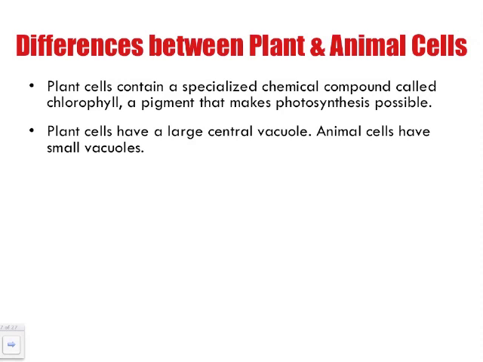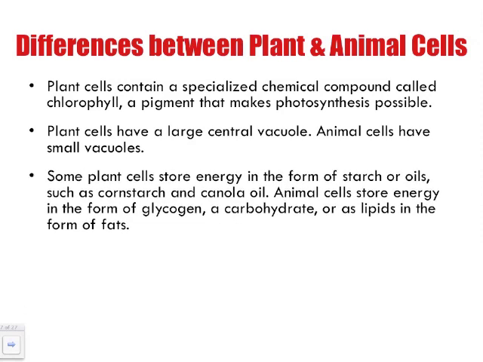They're almost considered vesicles in animal cells. Some plant cells store energy in the form of starch or oil, such as cornstarch and canola oil, while animal cells store energy in the form of glycogen, which is considered a carbohydrate, or as lipids in the form of fats, fat storage.